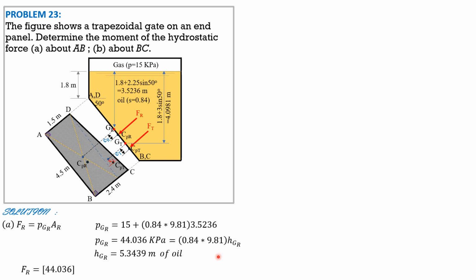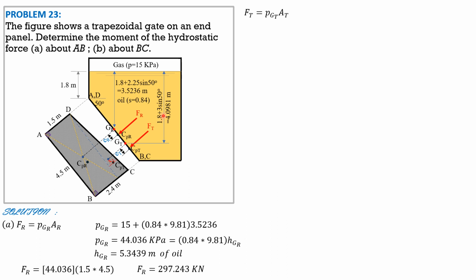So F of rectangle is equal to 44.036, area of rectangle 1.5 by 4.5. So it is equal to 297.243 kilonewtons. Then for the FT, F sub T is pressure at the centroid of triangle times area of triangle.